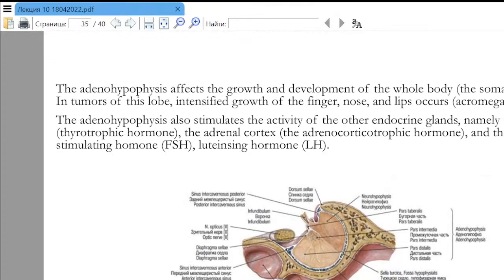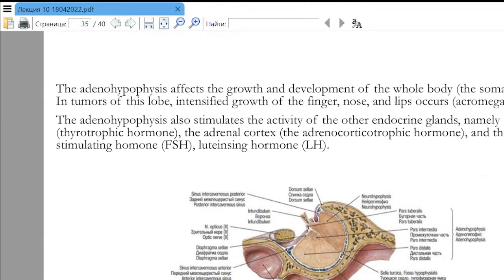The adenohypophysis affects the growth and development of the whole body: somatotrophic hormone. In tumors of this lobe, there is intensified growth of the fingers, nose and lip arches, acromegaly.